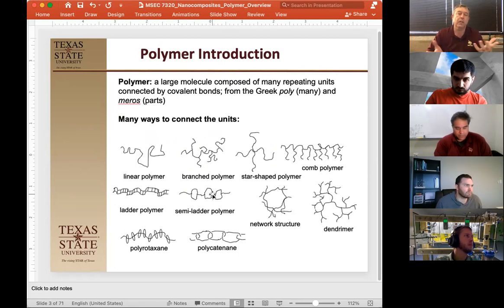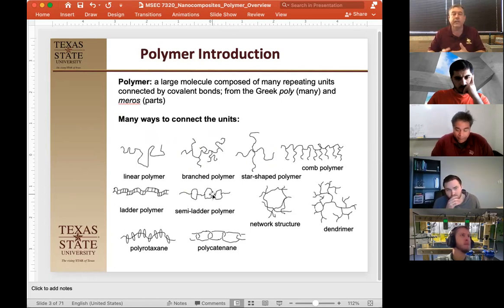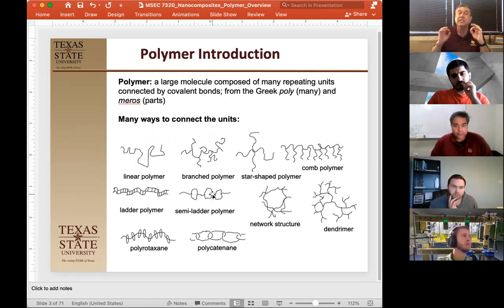The poly means many, mer means unit or part, and so we just have large molecules. Now, if we look to nature, that's things like starches and proteins and chitin and all these different natural ones. But in most of polymer chemistry, the synthetic polymer chemistry is much simpler.